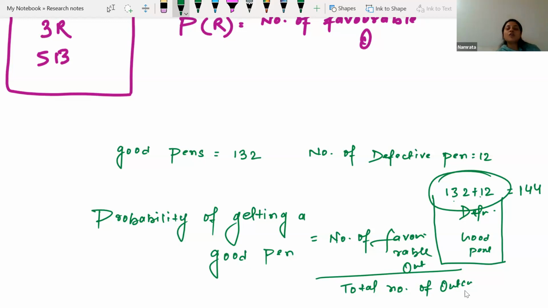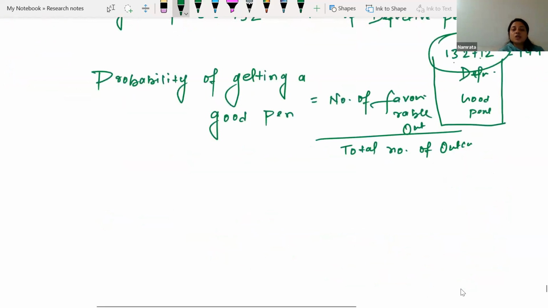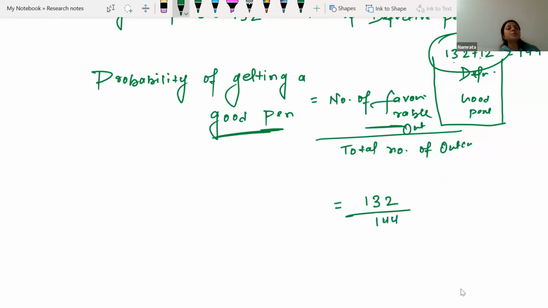So probability of getting a good pen will be 132 divided by 144. This is the formula which we are going to apply in each and every question: number of favorable outcomes by total number of outcomes.